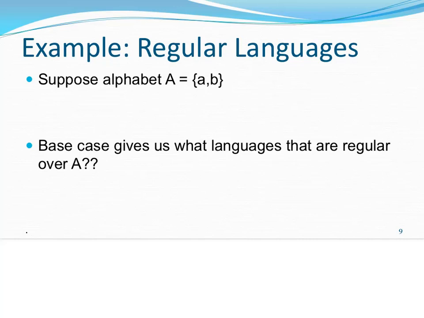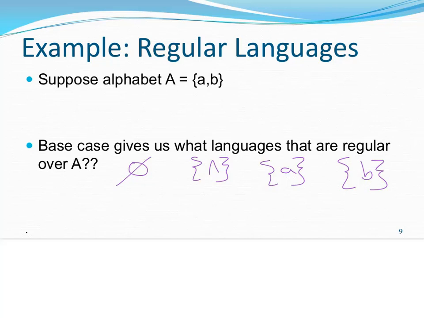Well, we know there's 4 languages that are regular. There's one, the empty set. Another language is the language just containing lambda. Another language is the language just containing A. And another is the language just containing B. So the base case gives us a set of 4 different languages, right?